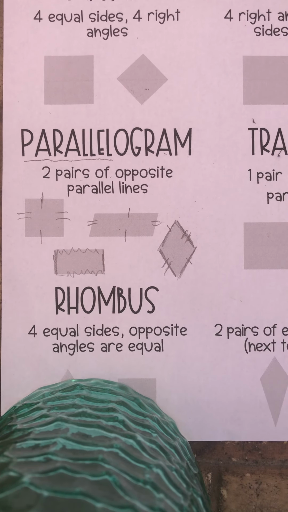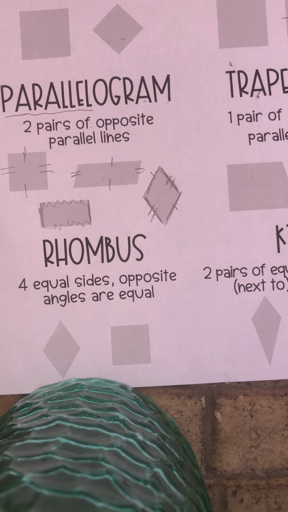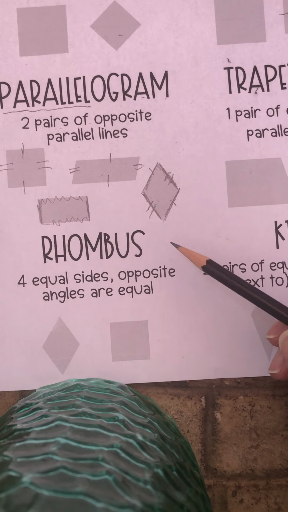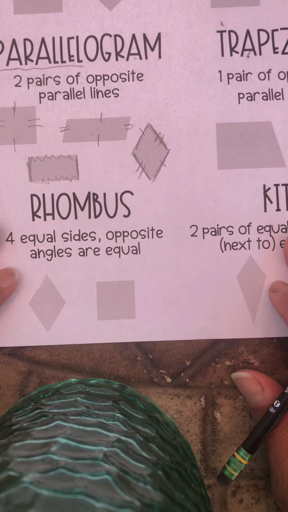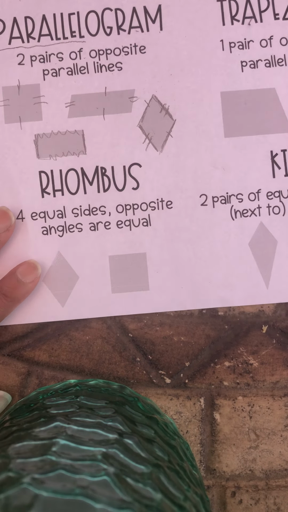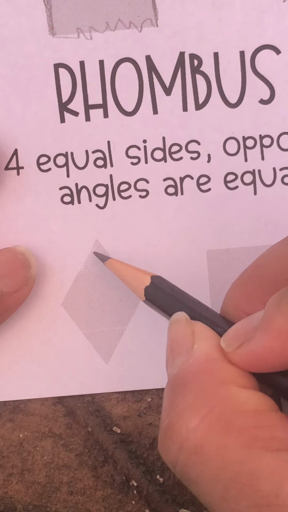All right. Last one on this side of the paper, rhombus. A rhombus is 4 equal sides. Opposite angles are equal. So again, 4-sided figures, because they're all quadrilaterals. All the sides are equal to each other, but opposite angles are equal. So let me just show you if I zoom in here a little bit for the rhombus.